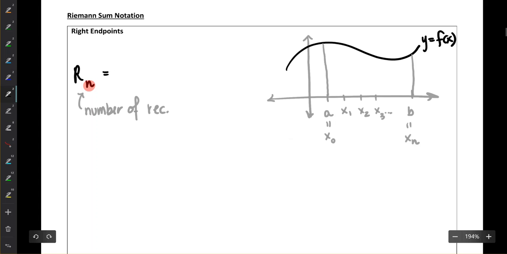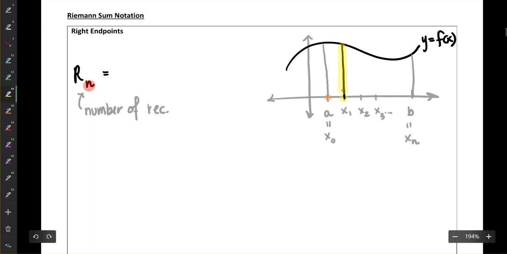What are you doing? You're adding up areas of rectangles. Areas of rectangles are heights times bases. So if I'm using my right endpoint between a, or x naught, and x1, I'm going to use x1, f of x1, that's the height of the rectangle that I want.